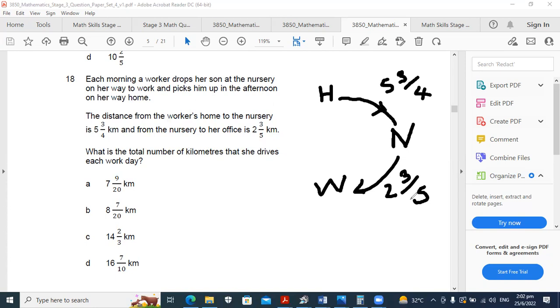Yes. But guess what now? If you read this, it says each morning a worker drops her son at the nursery on her way to work and picks him up in the afternoon on her way home. That means you have to consider the fact that it's a two-way distance. So you have to go all the way back home, not true?